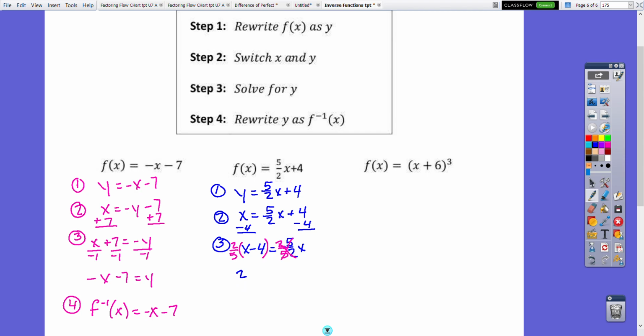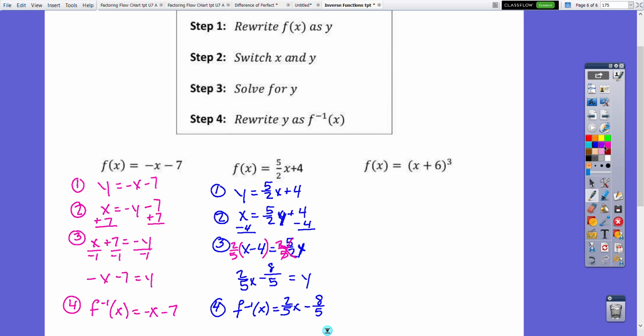So I have 2/5 x minus 2/5 times 4 is 8 over 5, so minus 8 over 5 equals y. Oh, guys, these should say y's up here. Okay, equals y. And then the last step we need to do is write it as the inverse of f of x equals 2/5 x minus 8 over 5.